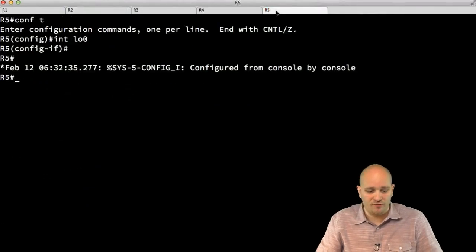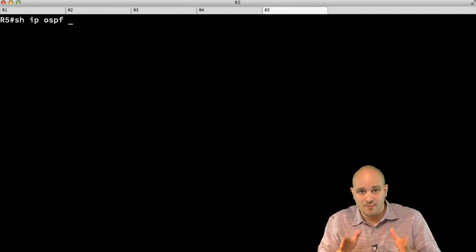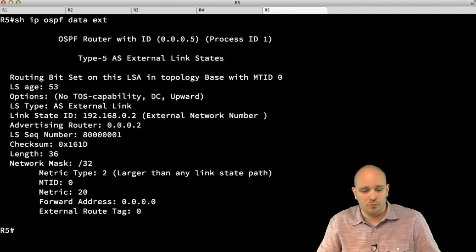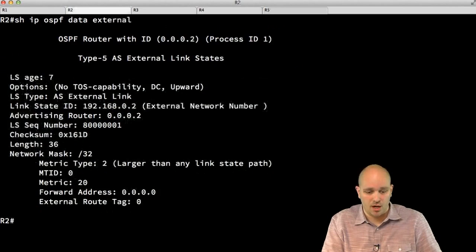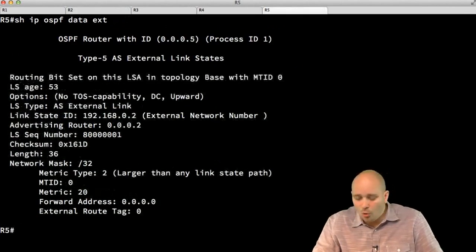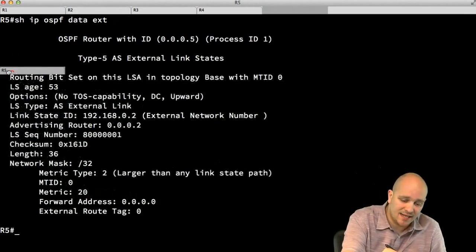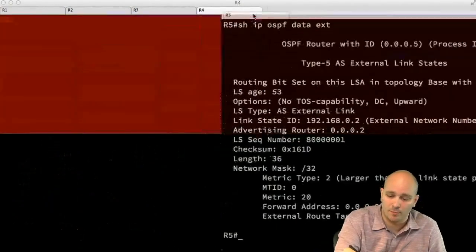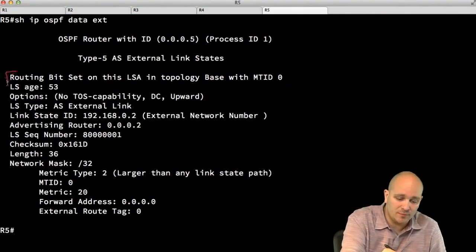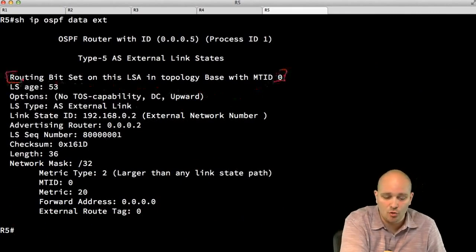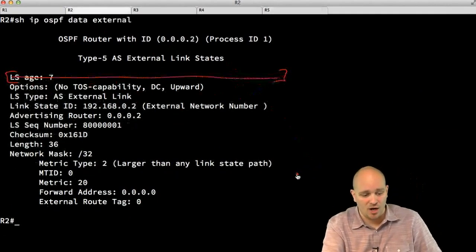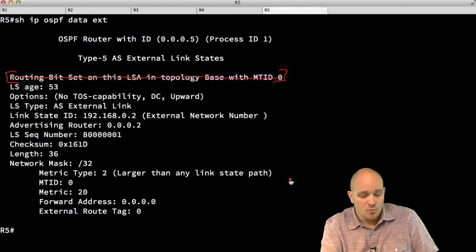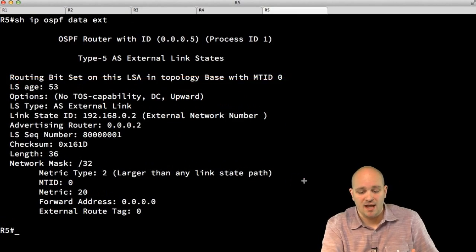Let me now head over all the way to R5. So I'm going to go to R5, and I'm going to repeat the same command, show IP OSPF database external. So here is the output on R5, and here is the output on R2. If we ignore the routing bit set on this LSA, if you ignore this line here, if we compare the output of R2 with the output of R5, we are going to see that they are fairly identical.